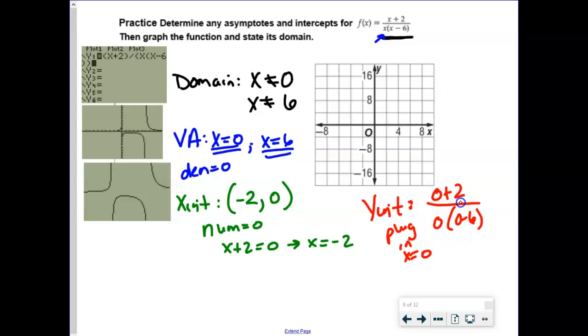Anytime you divide by 0, and kids get this all the time, it doesn't like that. Even if this was 0 divided by 0, you'd have to be worried about that because anything divided by 0 is undefined. So is there a y-intercept? No, there's none. Oh, because there's a vertical asymptote at 0. Yes.